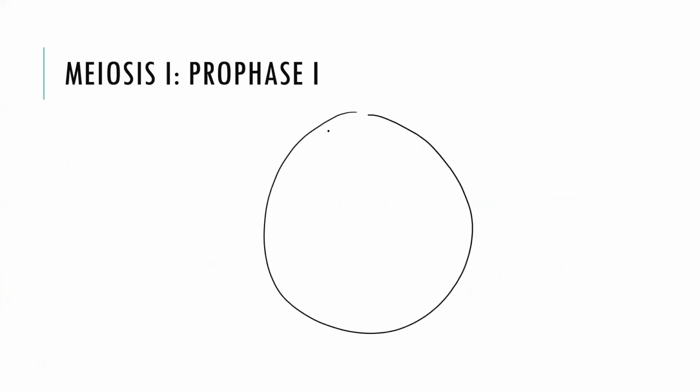So we take a cell, and during prophase 1, the nuclear membrane starts to degenerate and the centriole starts to move to the opposite sides. And we have the chromosomes like this. We'll take two sets.